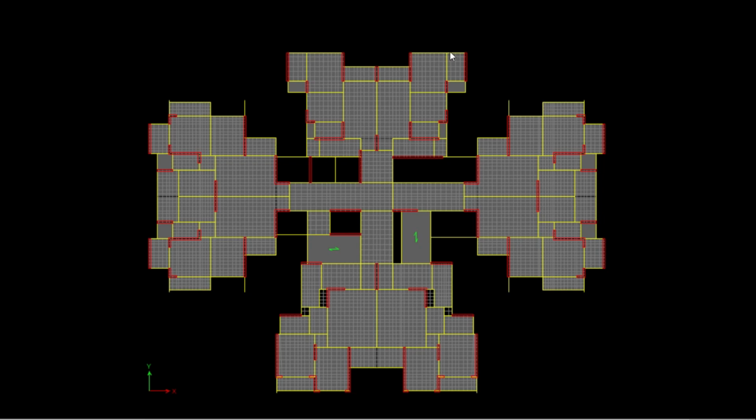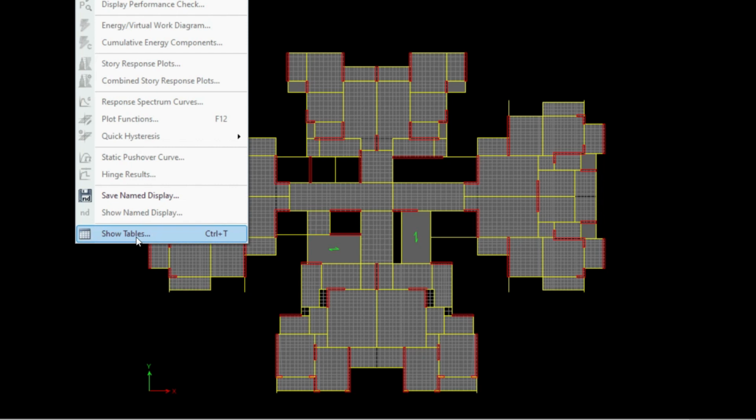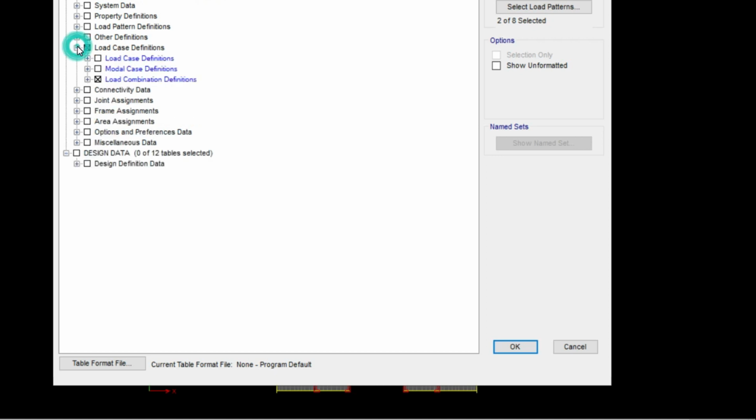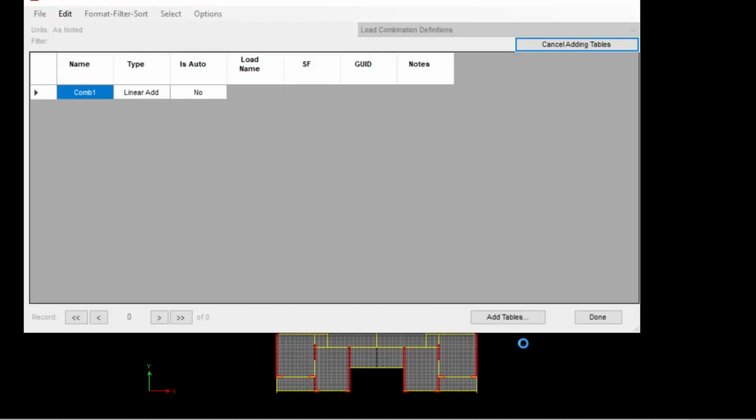So I will just check the different load combinations here. So I will go to the display show tables. In the show tables, I will go to load case definitions. In the load case definitions, I will go to load combination definitions, and then I will check it here.